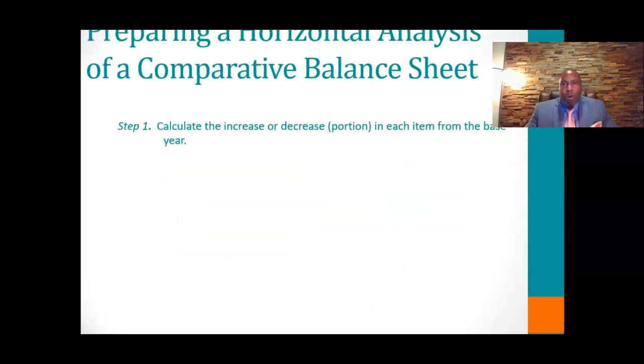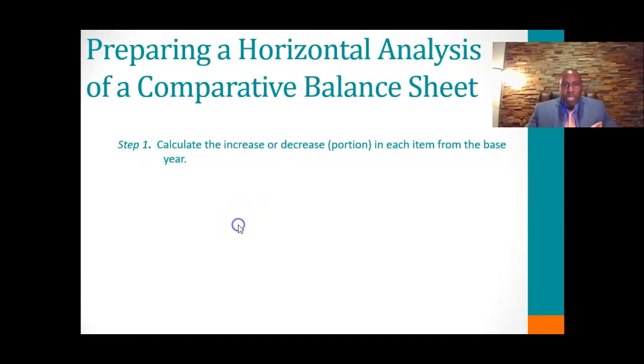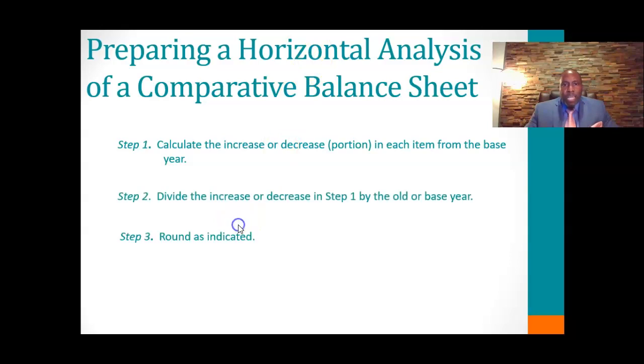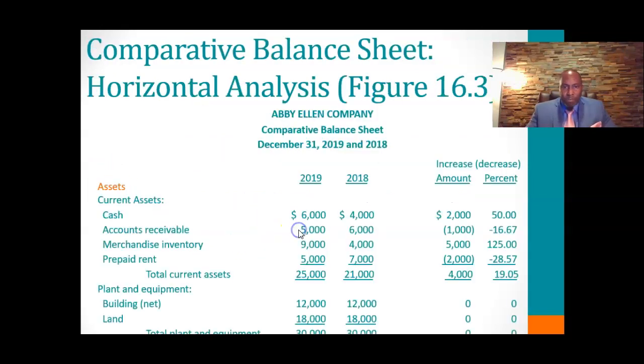From a horizontal analysis of a balance sheet, we'll now look at information from an increase or a decrease portion, meaning we're going to choose a base. That base may be cash. And we're going to compare everything according to that base to see whether an item has increased or decreased. Let's get right to it.